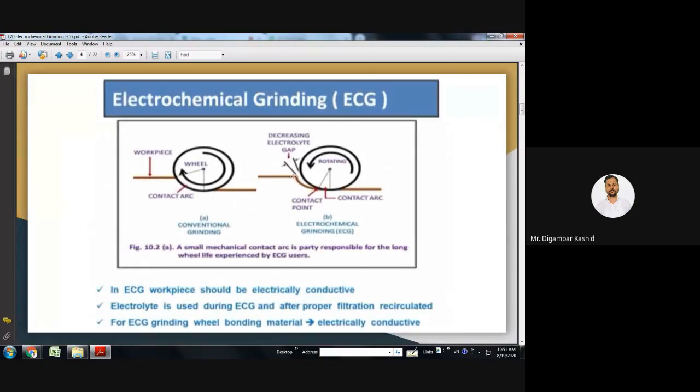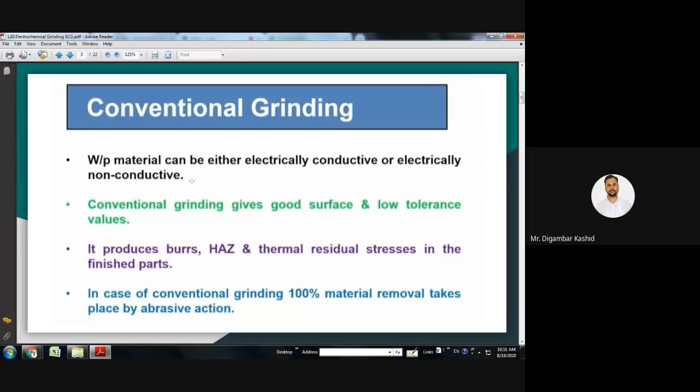Shearing takes place at the abrasive particles in the grinding operation, and due to that, a heat affected zone will also be there in the finished part. So these are the disadvantages of the conventional grinding operation.